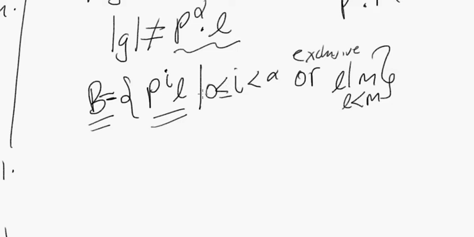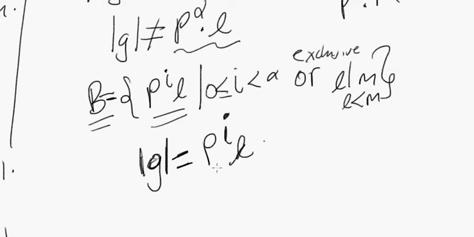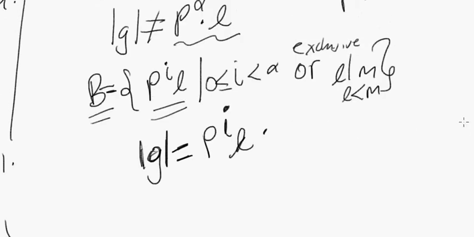And we're saying that, first of all, don't we already know that the order of every element in the group is of the form p to the I times L? Okay. Now the only question is, what are the powers of I and L?